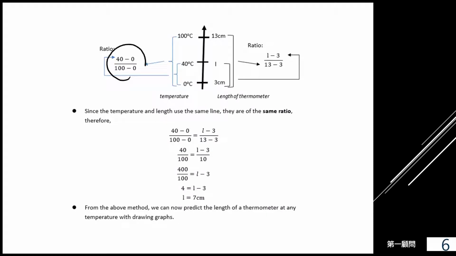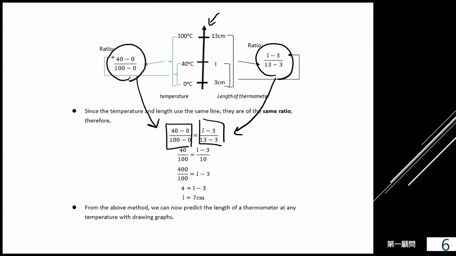The left hand side and the right hand side are talking about the same line, which is this one. That's how we can get the equation. After you get the correct equation, if you keep on solving it, we can reach the final answer. This is how you can calibrate a thermometer by using calculations. The key thing is the same ratio.